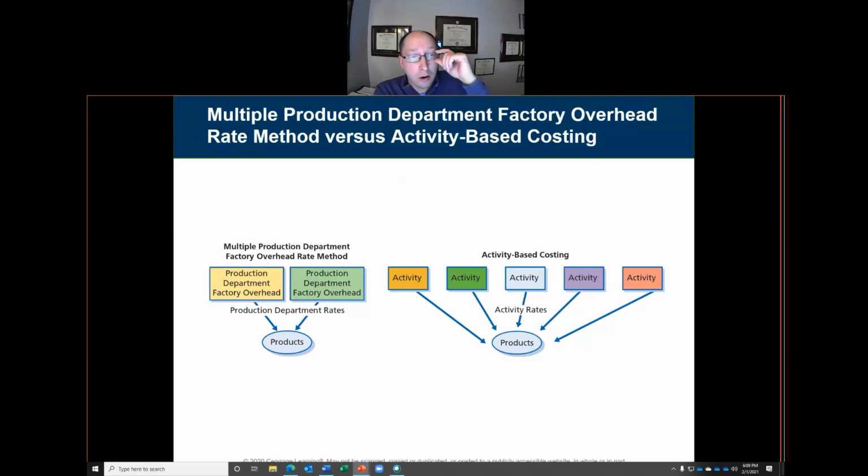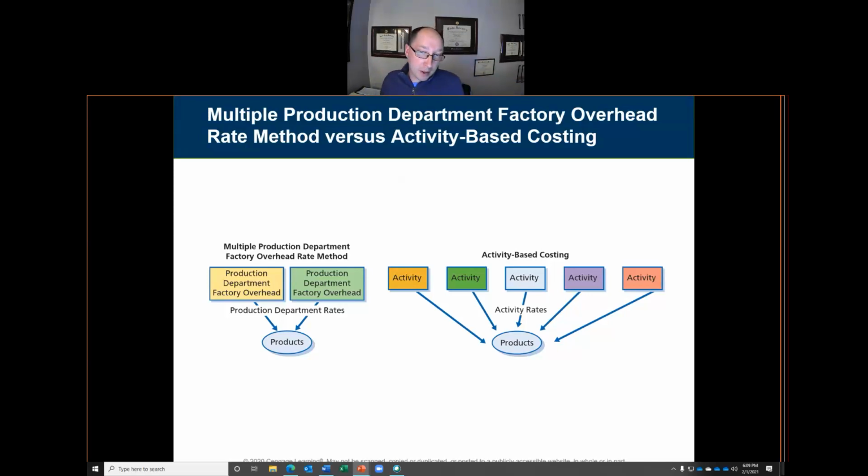Earlier, we talked about multiple production departments. Our example of Ruiz company, who manufactures snowmobiles and riding lawnmowers, we had two departments. We had the assembly department and the fabrication department. Okay, and we talked all about that.